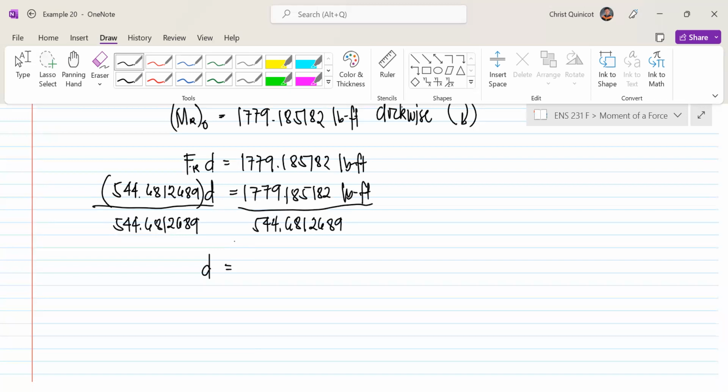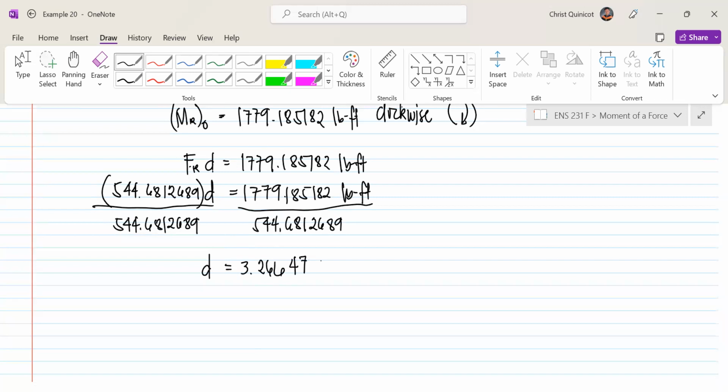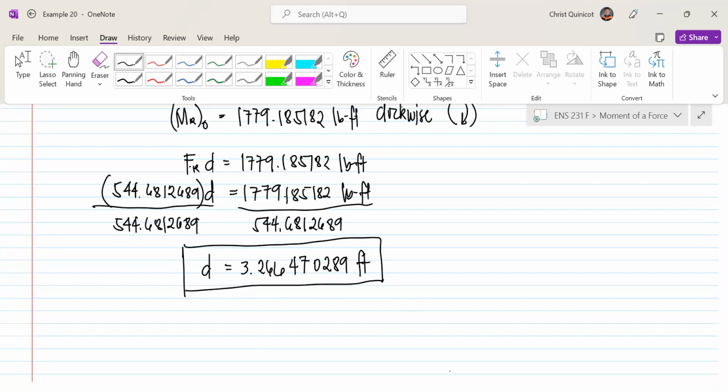So our distance from point O, where the line of action of our F sub R passes through, is 1,779.185182 divided by 544.6812689, which is 3.266470289 feet. So this is its distance from point O. Now this is not just any distance, but the perpendicular distance.